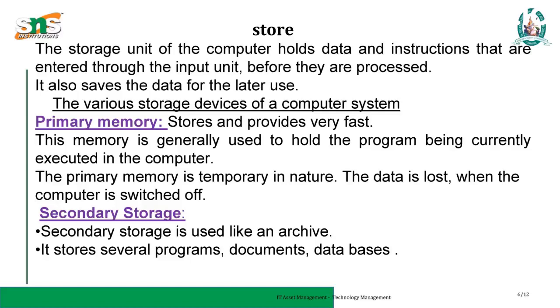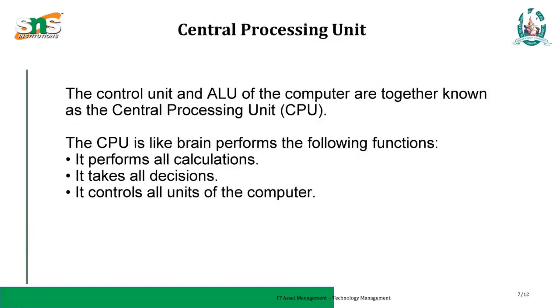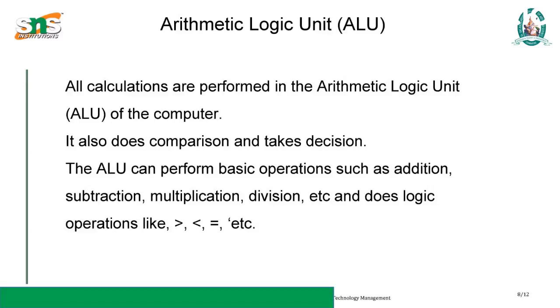Then you have the central processing unit. It consists of the ALU, the control unit, and other devices. The CPU is like a brain that performs all calculations, takes all decisions, and controls all units of the computer. Then you have the arithmetic and logic unit, which performs all the calculations.